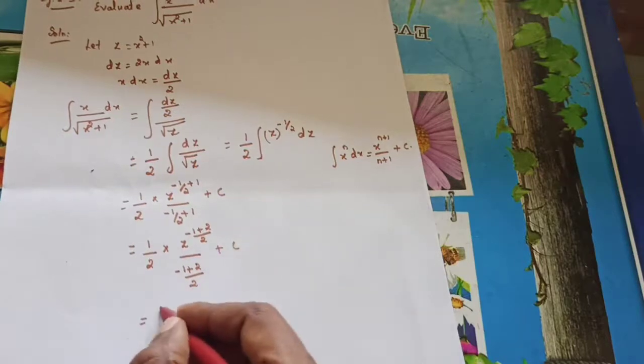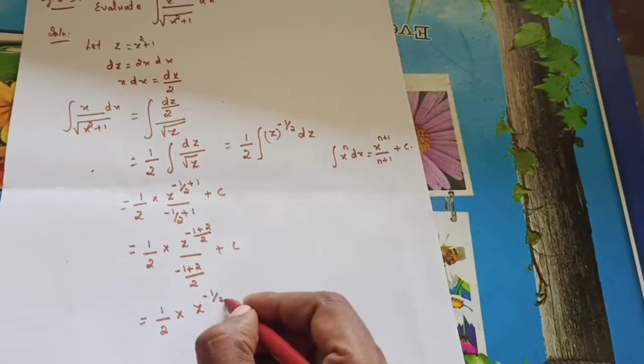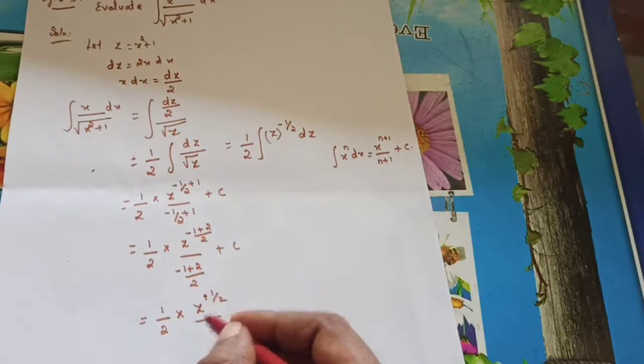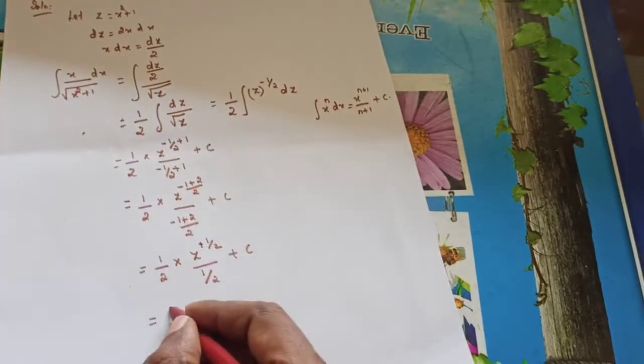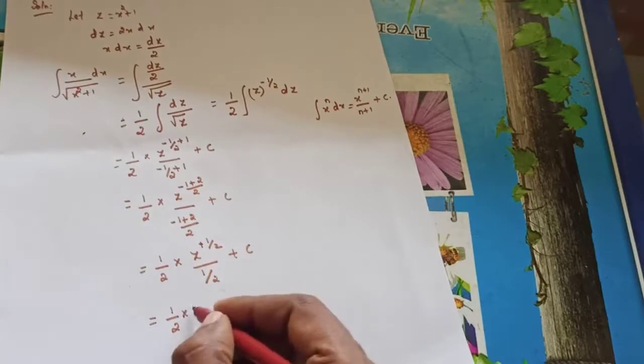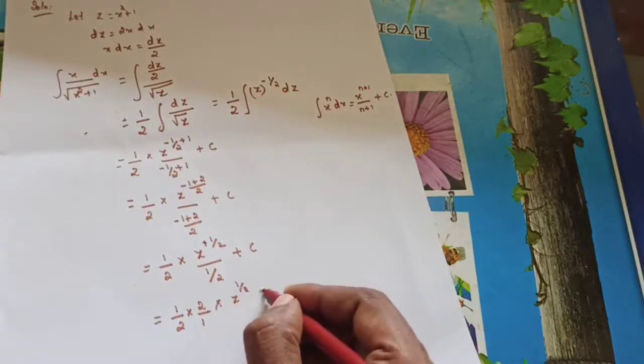So that's equal to 1 by 2 into z power 1 by 2 divided by 1 by 2, plus c. If we bring this to the numerator, 1 by 2 into the reciprocal 2 by 1 into z power 1 by 2 plus c.